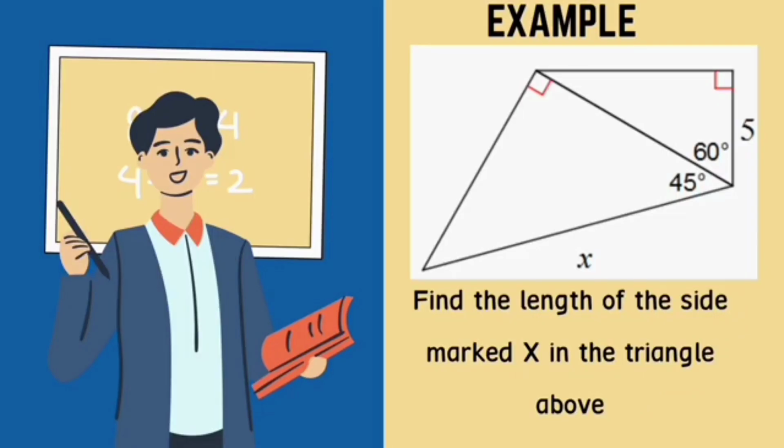In our next example, let us find the length of the side marked X in the triangle above. The triangle above involves two combined or overlapping right-angled triangles.